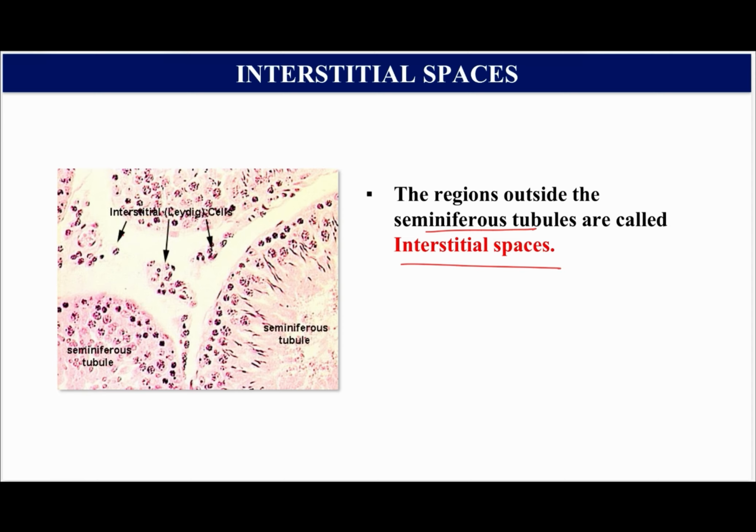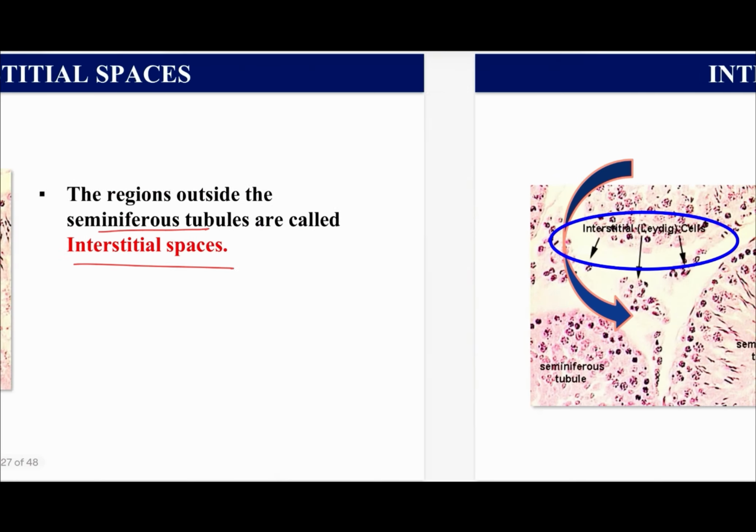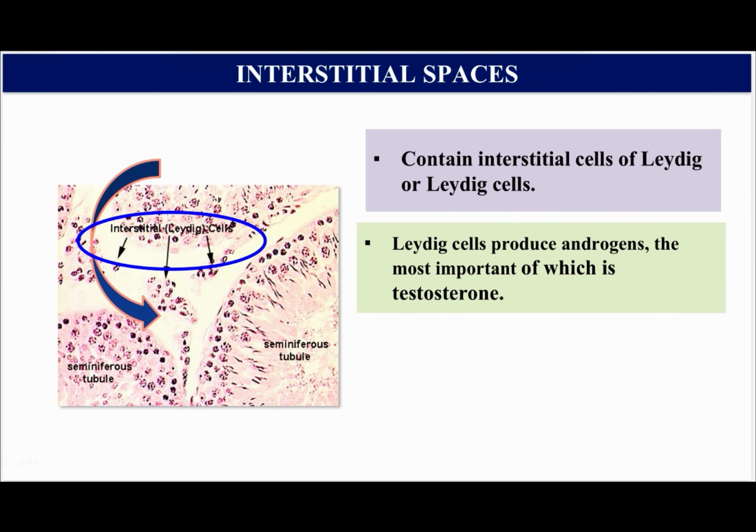This is the interstitial space, and it consists of Leydig cells, or cells of Leydig; both are the same. Now this Leydig cell produces androgens. Out of that, the most important one is testosterone. For male, that is testosterone.